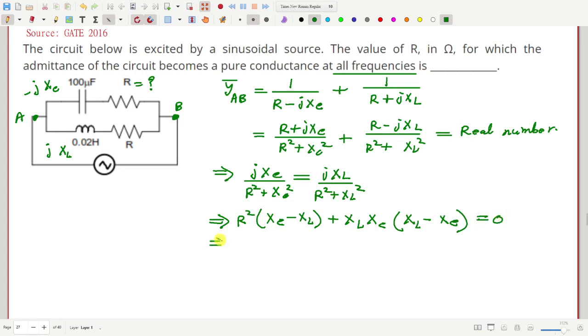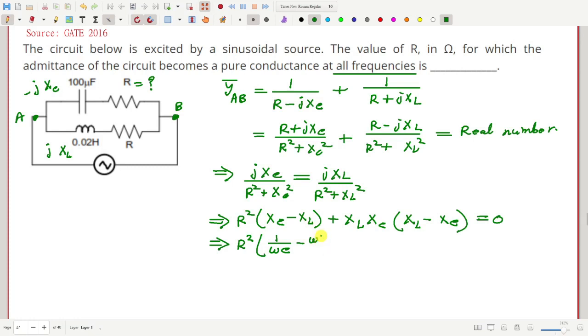Yes, sir. Now, sir, let me write this as R square, and how much is XC? It is 1 by omega C. XL is omega L. Sir, XC minus XL can be taken out common.